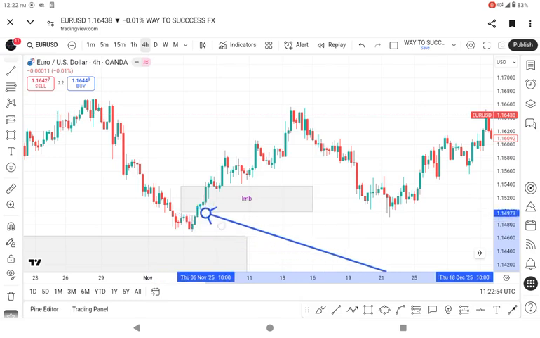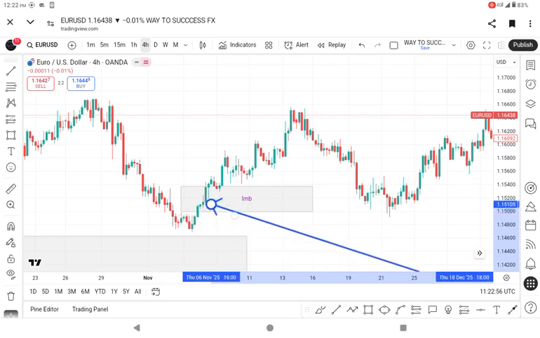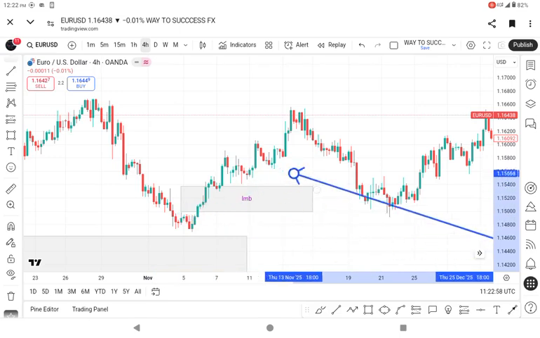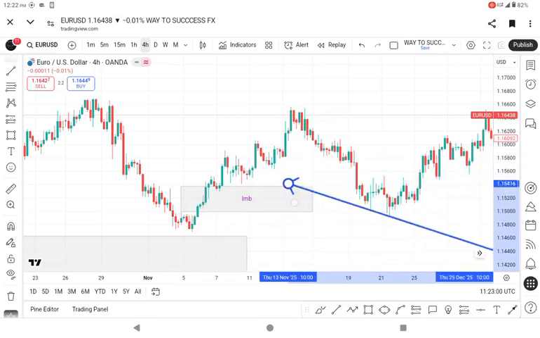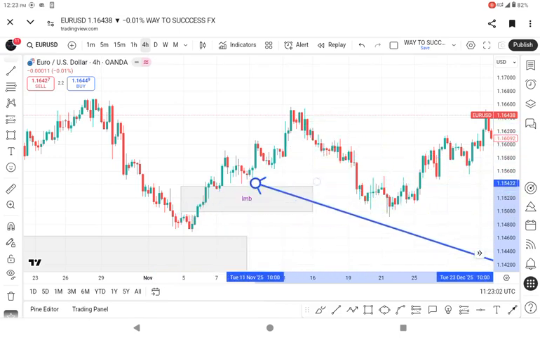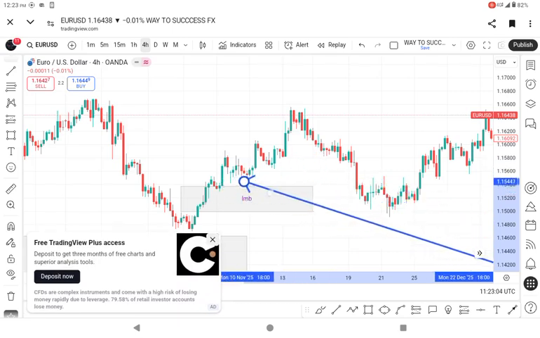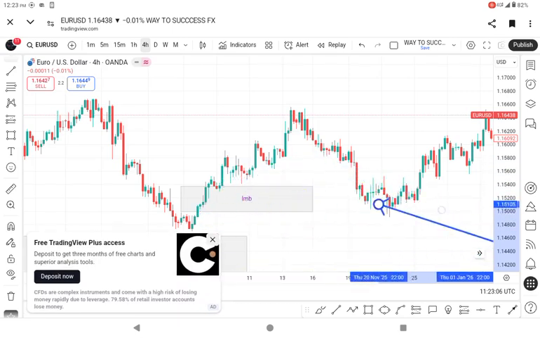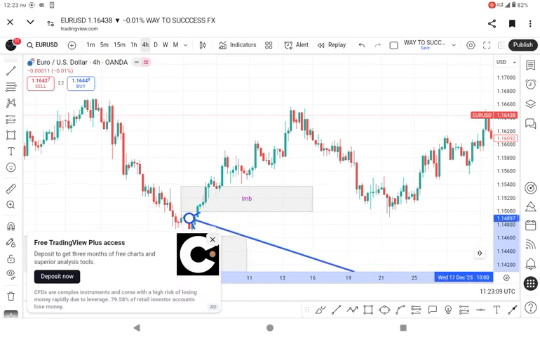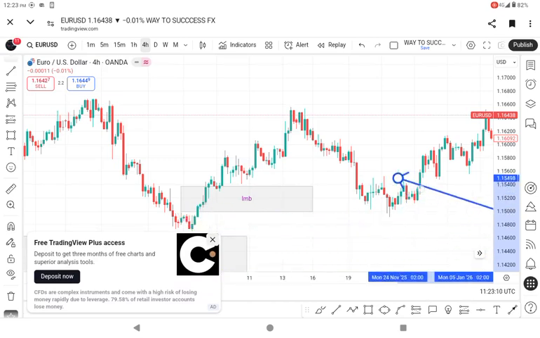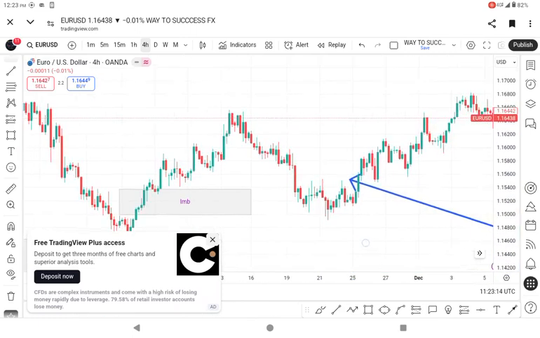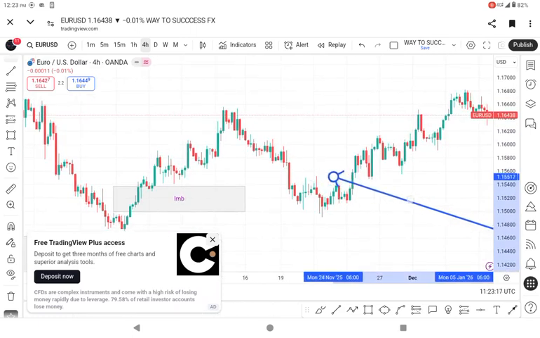In my previous video, I analyzed this is my change of character here in H4, and price went up. I analyzed that price would also come back to the downside to take out this trend line, and when price returned here, creating this change of character, this change of character would not be needing inducement.